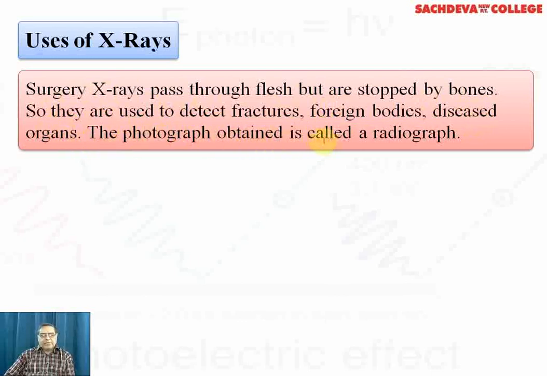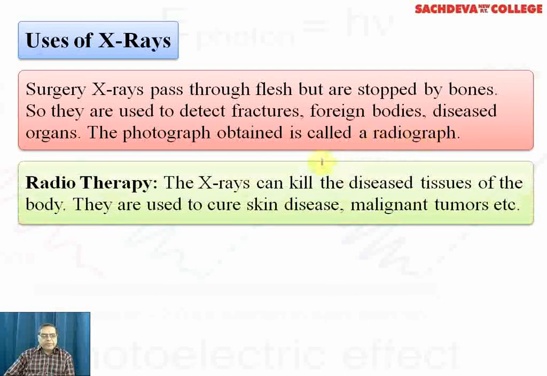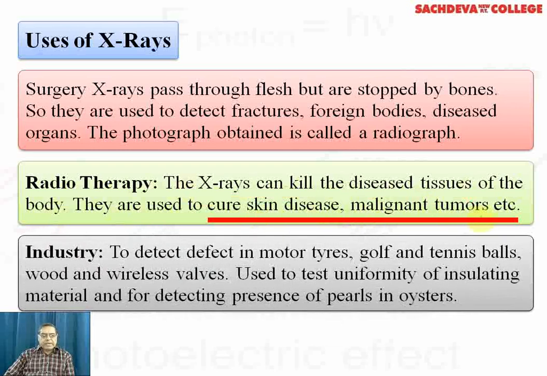The photograph obtained is called a radiograph, and the procedure is called radiography. Then comes radiotherapy, that is the treatment of certain diseases with the help of X-rays. The X-rays can kill the diseased tissues of the body. They are used to cure skin disease, malignant tumors, etc.